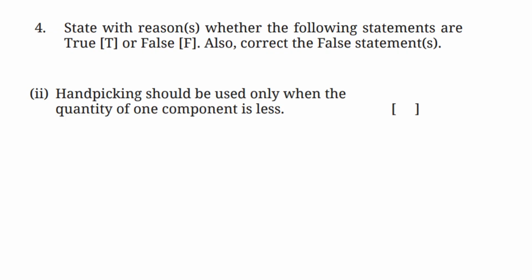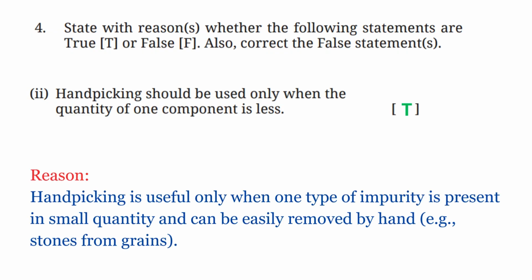Second statement is handpicking should be used only when the quantity of one component is less. We know this statement is also true because handpicking is useful only when one type of impurity is present in small quantity and can be easily removed by hand, right?